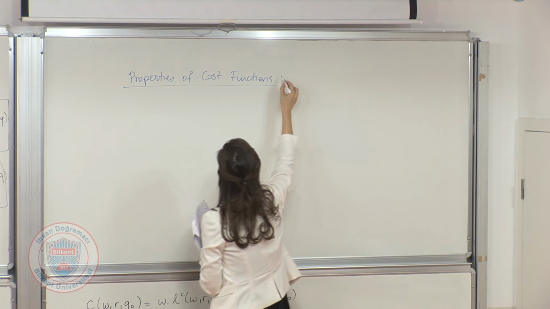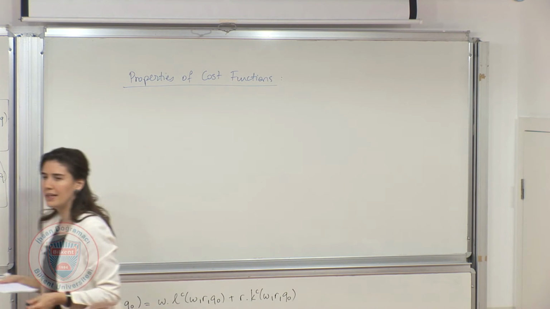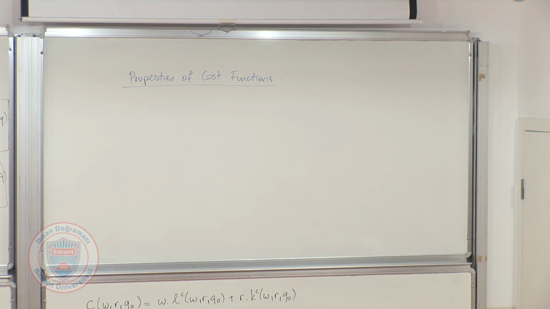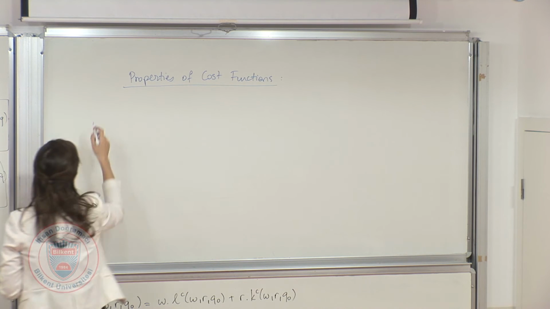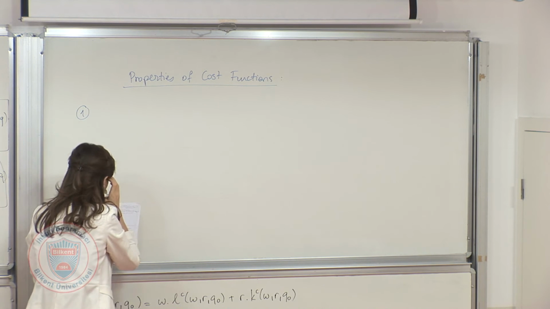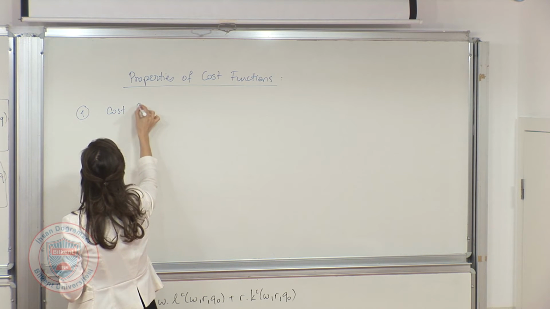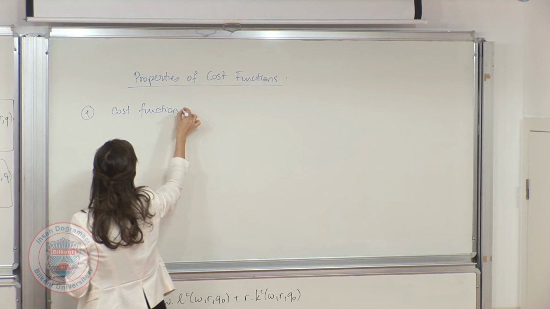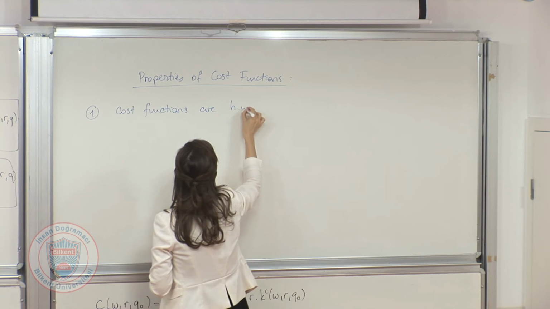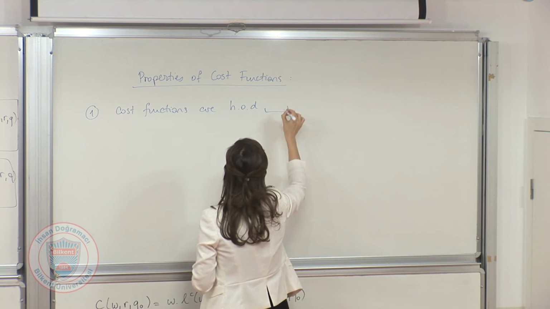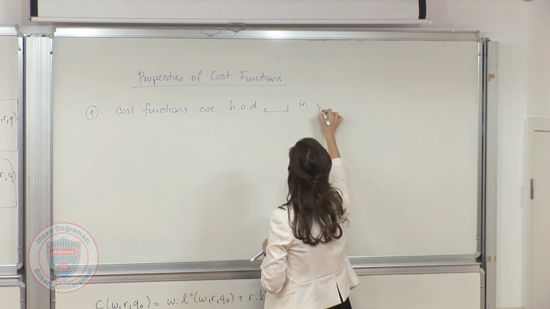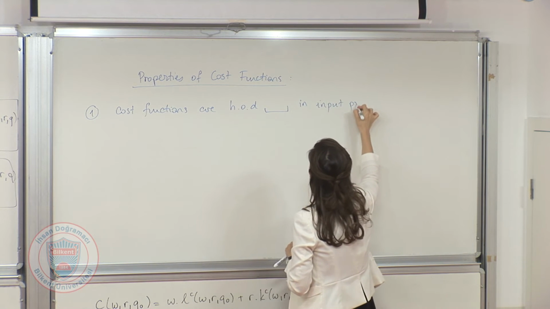The first property is this: cost functions are homogeneous of degree what in input prices?